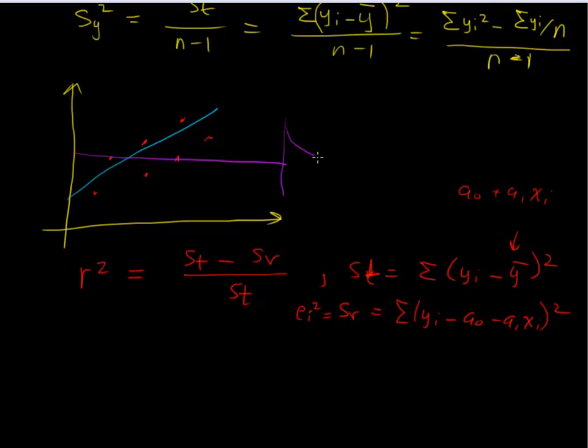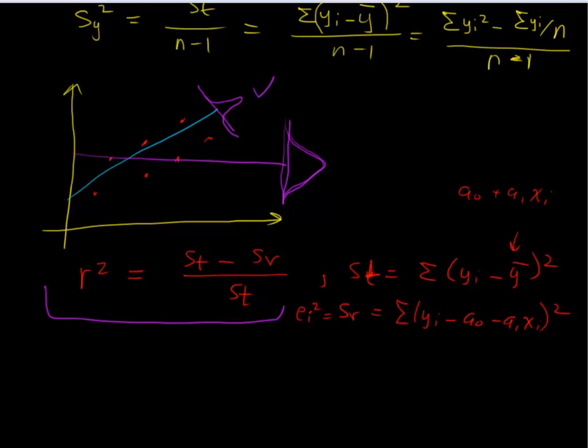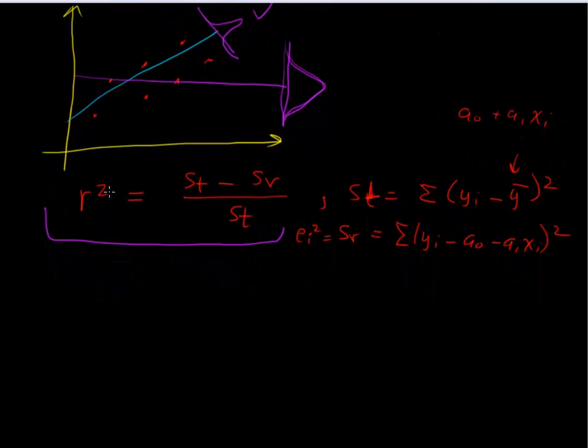If we get some mean like this, where the data is distributed about this line, and that's larger than the distribution around this line, then we can say that this is a better model. And that's what this R squared value is.